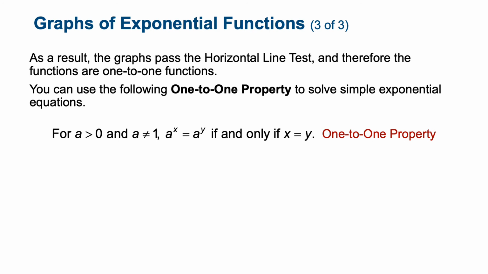If a is positive and not equal to 1, and you have the same base with different exponents, and they're equal to each other, then the exponents equal each other. Because the output is the same, the inputs are the same. Vice versa, if x is equal to y, then a to the x is equal to a to the y.